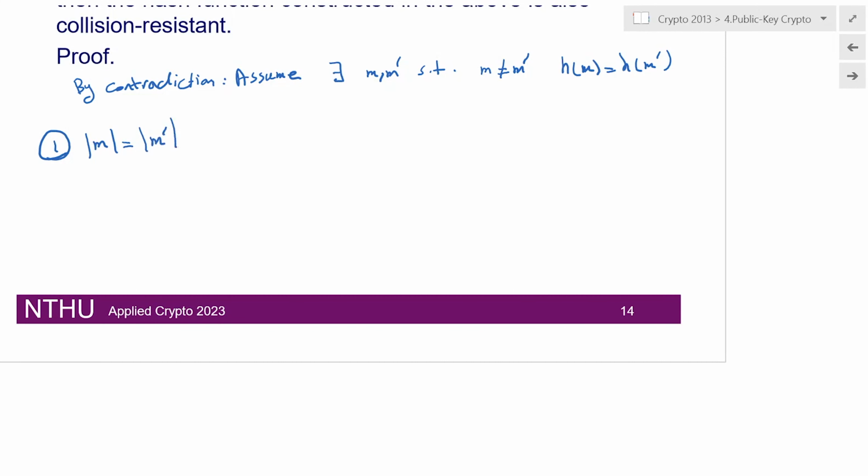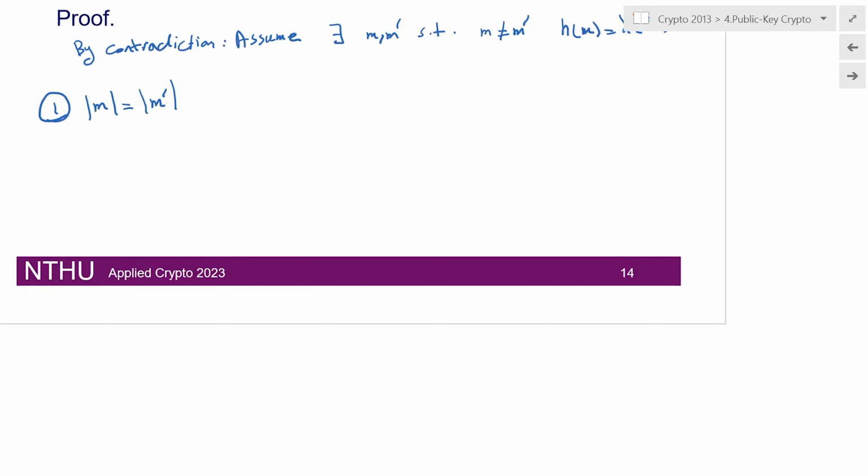And for the second case, we assume that their lengths are not the same. Why is it so? Because our padding really matters. When we take m and do the padding, we convert it to m1, m2, m3, all the way to mk, and then mk plus 1. And for the case of m prime, we are doing padding.